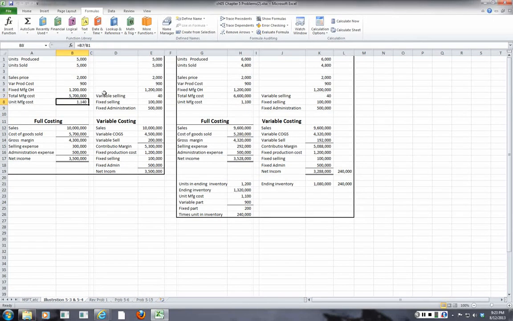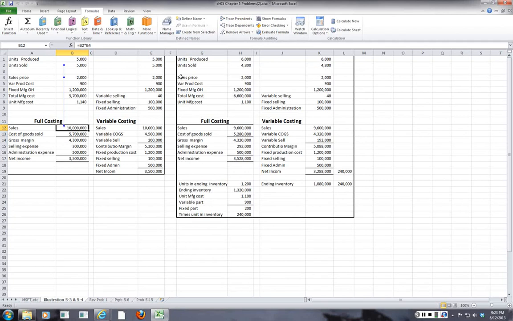And when you divide that number by the 5,000 produced, you get a unit manufacturing cost of $1,140.